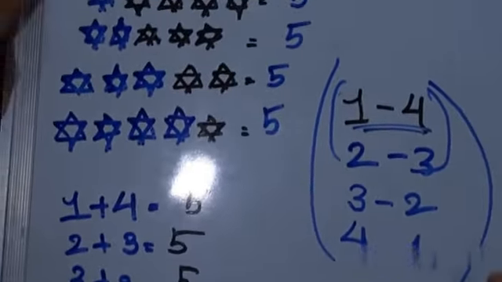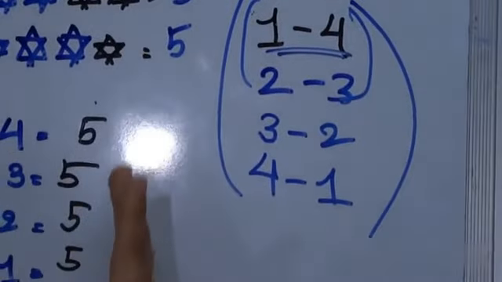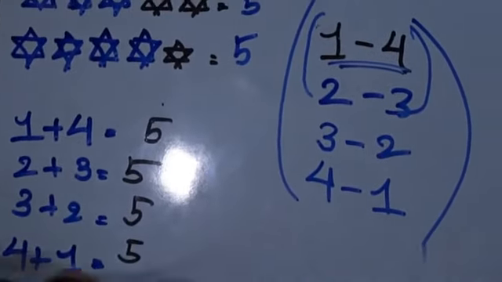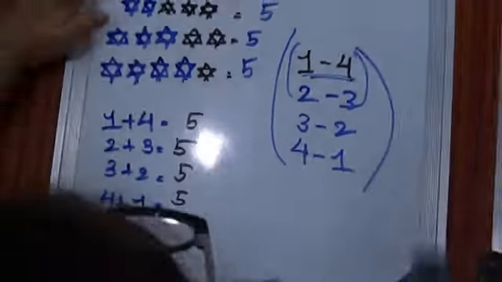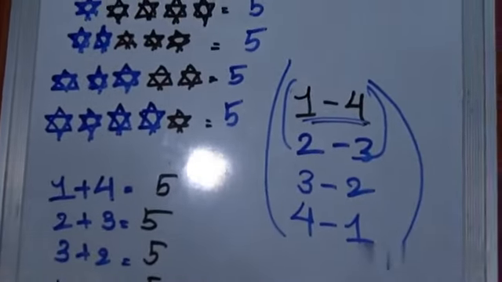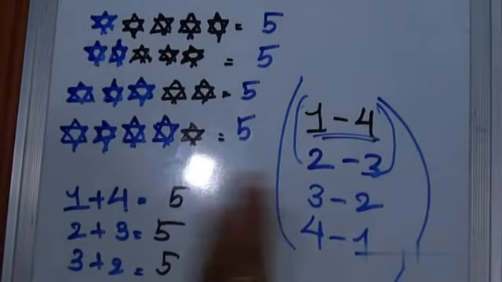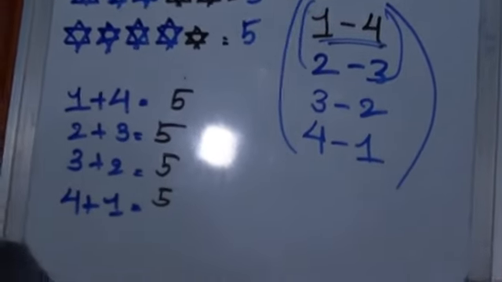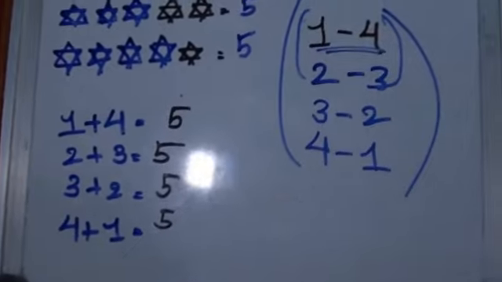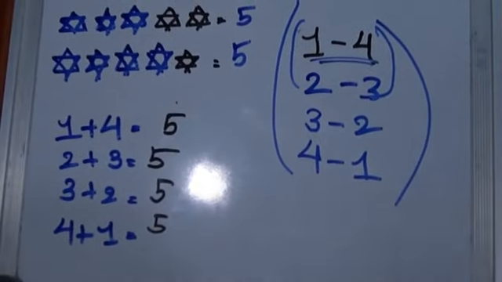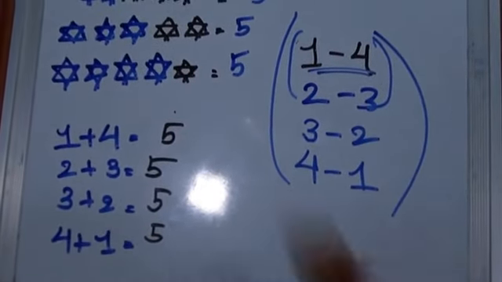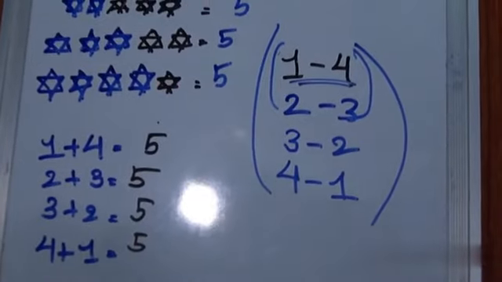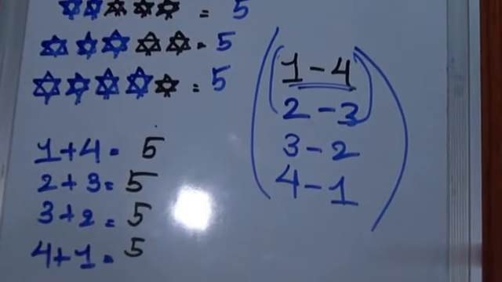This is the friends, this is the friends. Like 1 plus 4, you can also look at the stars or the numbers over here, or wherever you want. So like 1 plus 4, 5, 2 plus 3, 5, 3 plus 2, 5, 4 plus 1, 5. So this proves that 1's friend is 4, 2's friend is 3, 3's friend is 2, and 4's friend is 1. Hope you guys understand it.